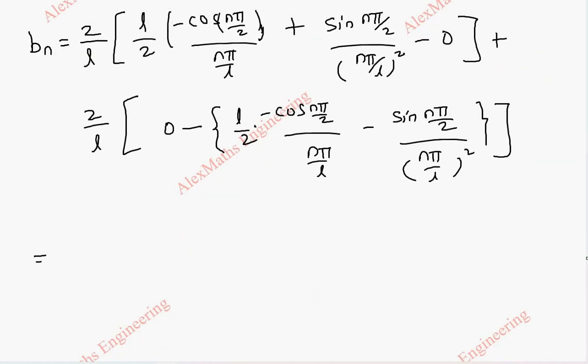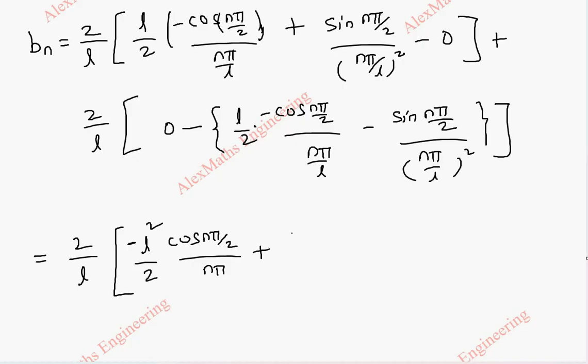Now 2 by L is totally common, which we can take outside, and this term will be L by 2, and there is a minus sign, so minus cos n pi by 2 by n pi by L. So I can keep this as L square. Then sin n pi by 2 by n pi by L whole square.